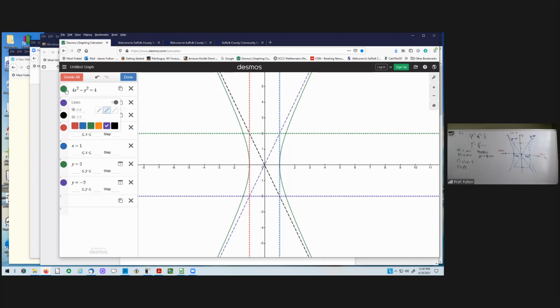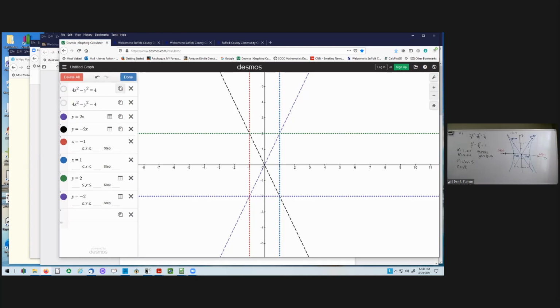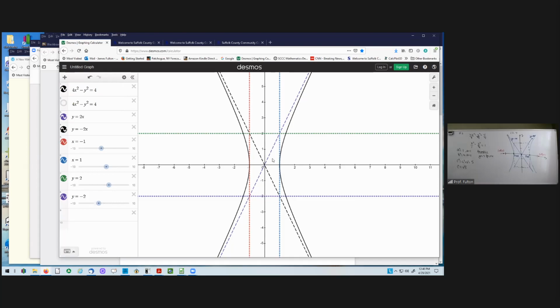And here's the main function over here. Let's change the color of that, like that. Black. Let me change the pixels there. But anyway, same sort of thing.